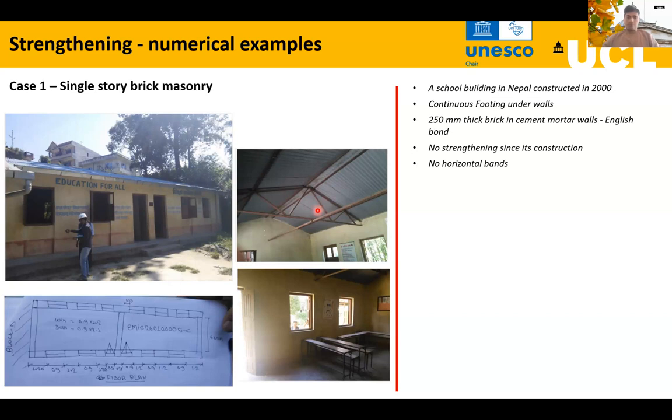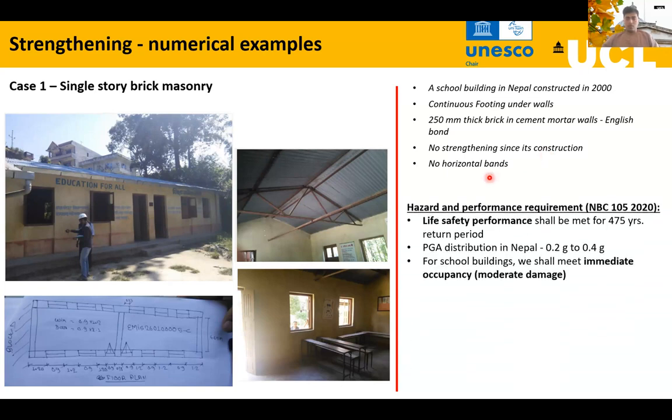proper diaphragm action. So these are some of the characteristics of the building. This is a school building. The thickness is 250, English bond, so good bond pattern. No strengthening since its construction, and we don't see any horizontal bands. The requirement for retrofit design is that the building should be within the life safety performance limit.